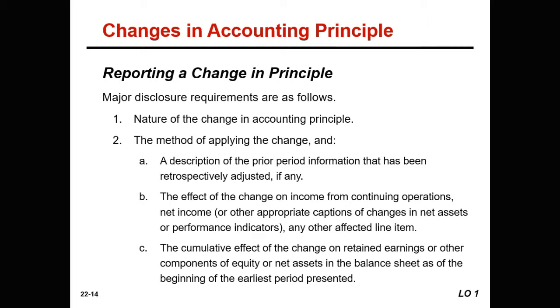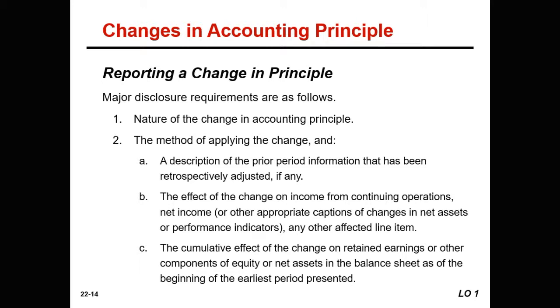When there is a change in accounting principle, the company has to disclose the nature of and the reason for the change in the accounting principle, and an explanation of why this newly adopted accounting principle is preferable. They have to justify it.